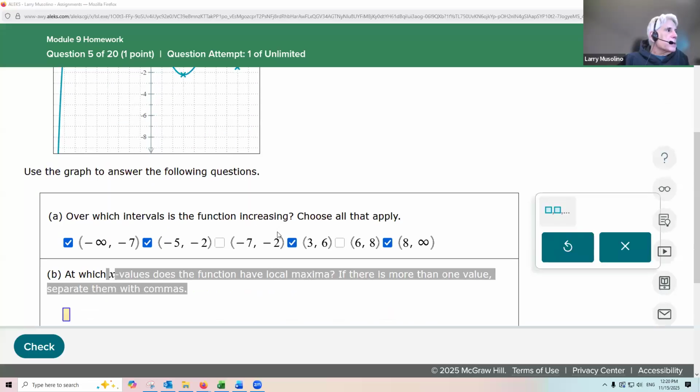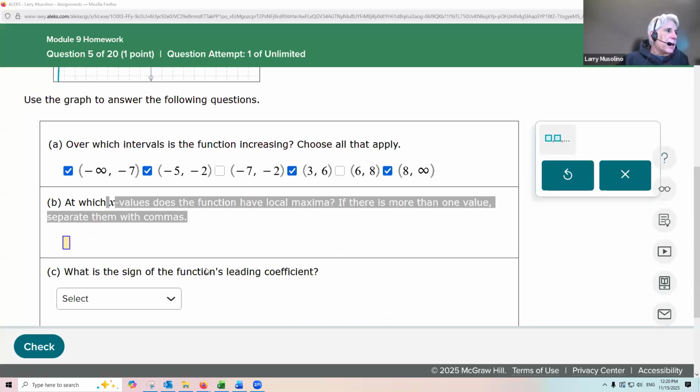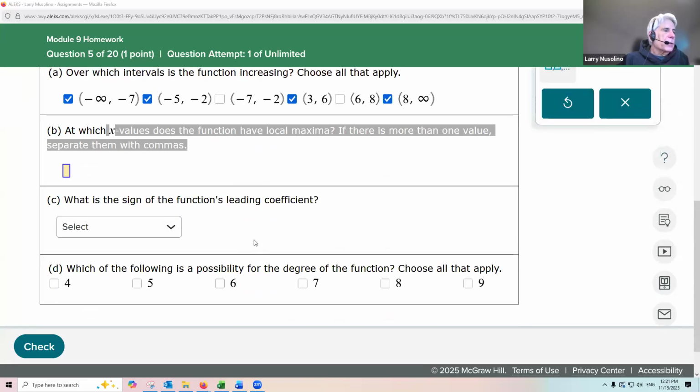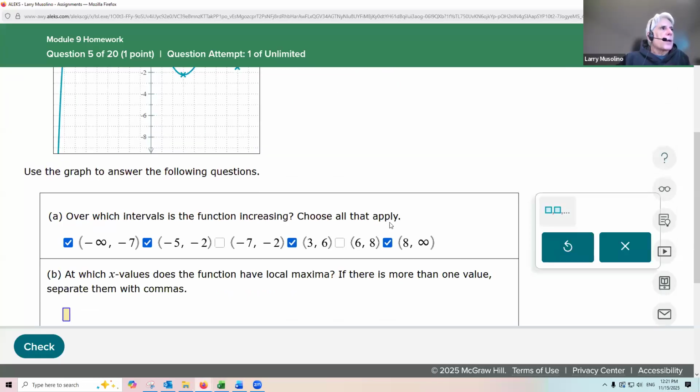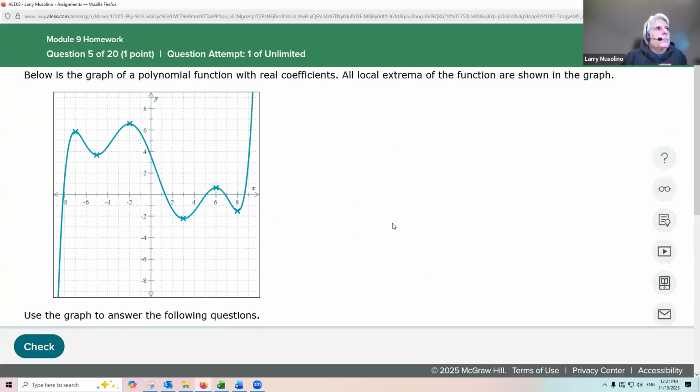It says, what is the sign of the leading coefficient, and which of the following is a possibility for the degree? All right, let's go to part C. So is it positive or negative, leading coefficient? Well, what I want to think about is just looking at the endpoints of this graph.